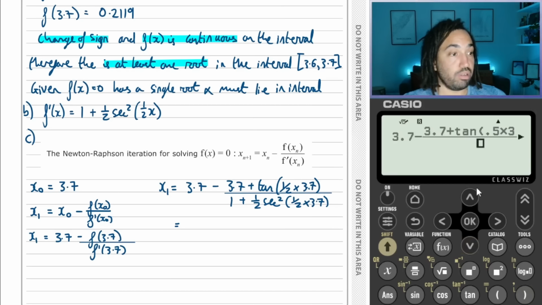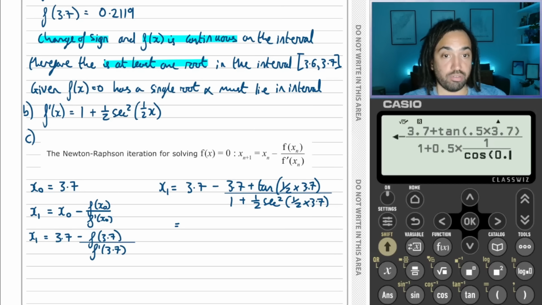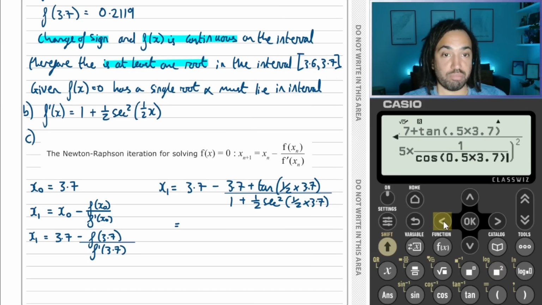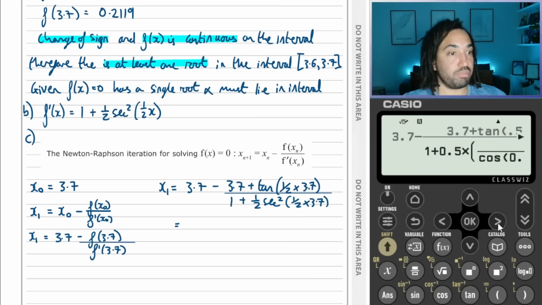Now go down to the line below and we're going to go 1 plus a half multiplied by, now sec squared is 1 over cos squared, so we're going to do 1 over cos of a half times 3.7 and close that bracket. We need to square that in fact, so we put a bracket here and a square and go back over here to close that bracket. Okay, that should be good.